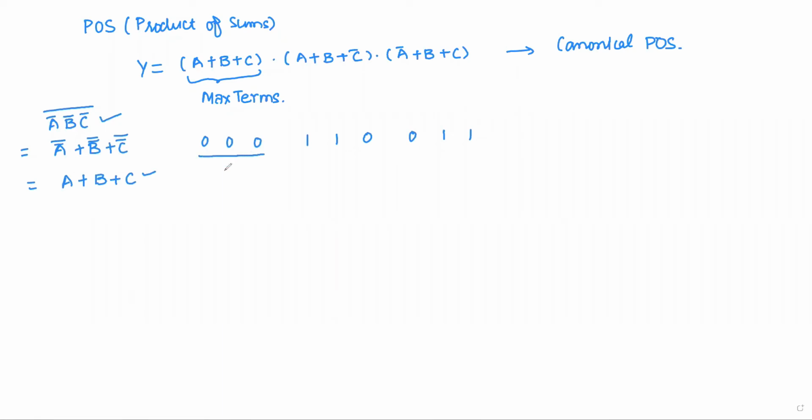So this is being written as this. So complementing it, this is M1 and this is M4. So these are the max terms. Suppose I ask you that this is your min term, and find out the corresponding max terms.